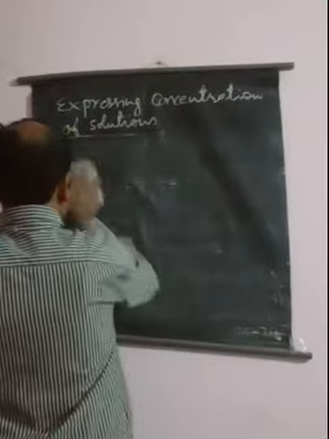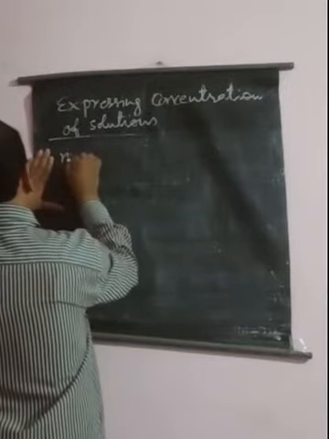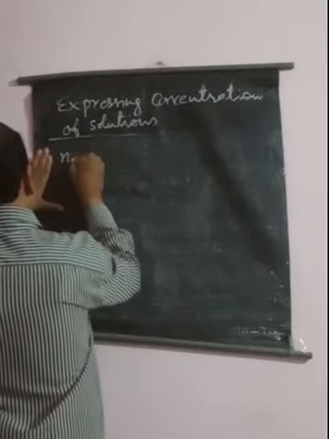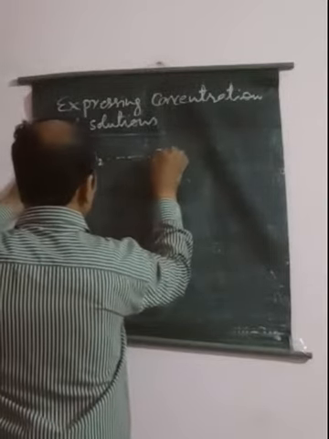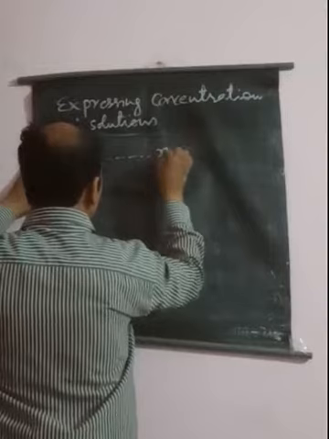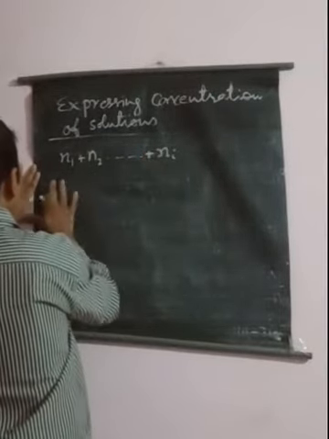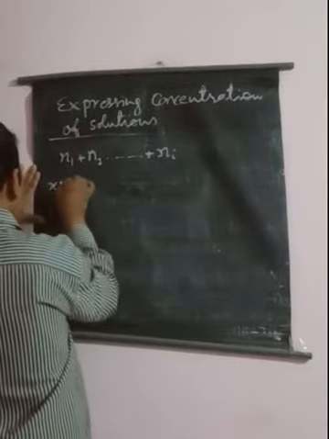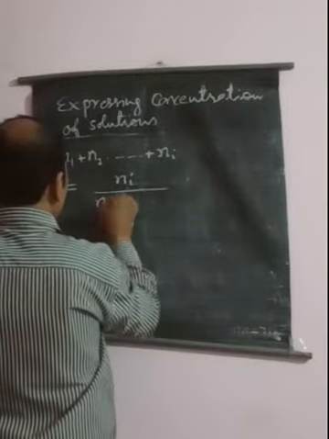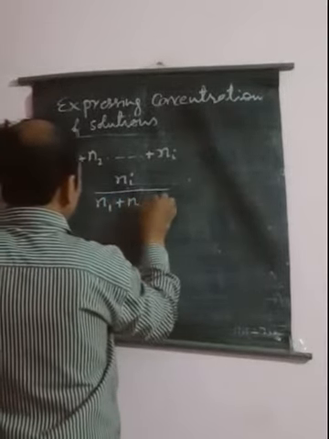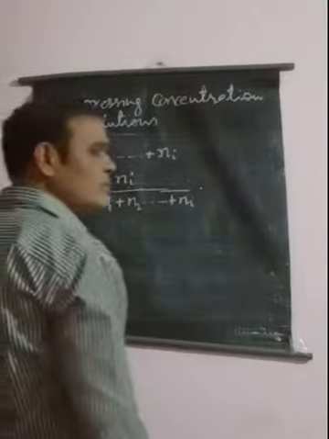Suppose you want to find out the mole fraction of the ith component, with N1 plus N2 and so on up to Ni moles present. In that case the mole fraction of the ith component will be Xi is equal to Ni divided by N1 plus N2 and so on plus Ni. In this manner you can find out the mole fraction.